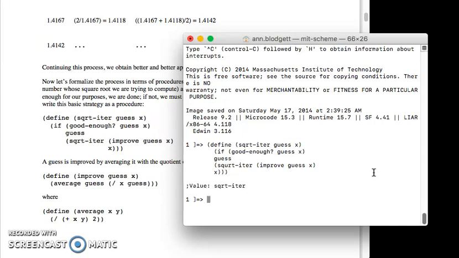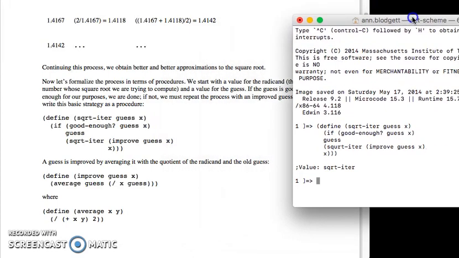Hopefully that's correct. A guess is improved by averaging it with the quotient of the radicand and the old guess.